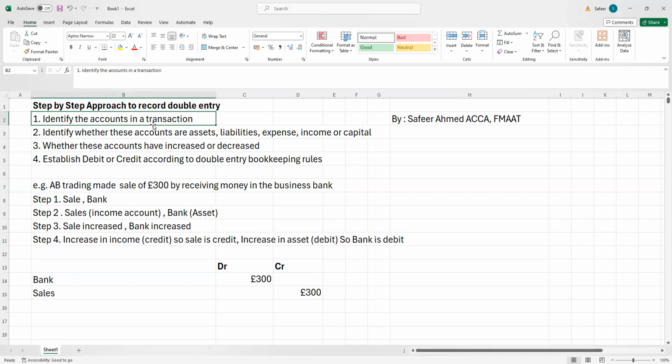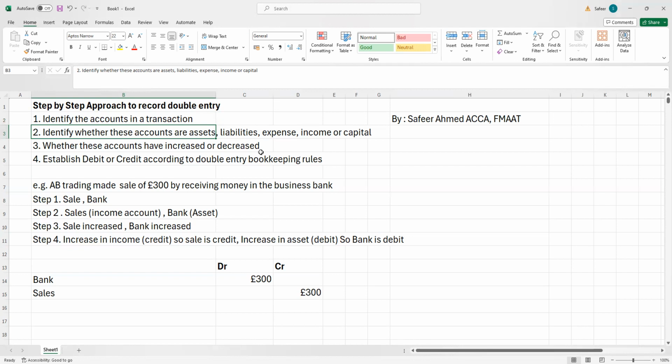So in that case, one party will be a business, basically. So identify the accounts in a transaction. It will be at least 2 accounts, but it can be more than that, depending on the type of the transaction. So once you've done that, then you will identify whether these accounts are assets, liabilities, income, or capital or expense.